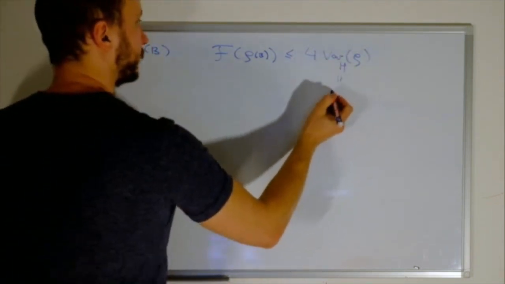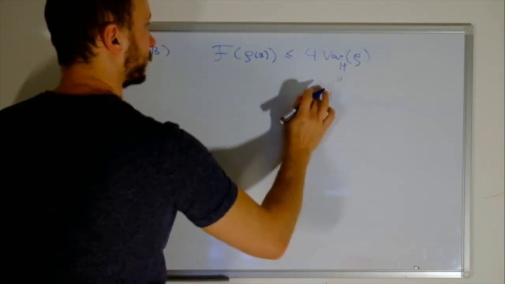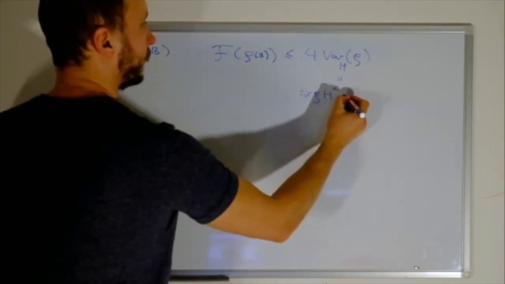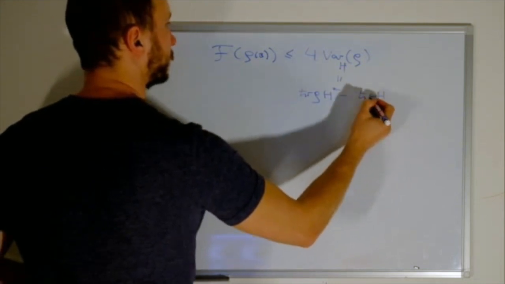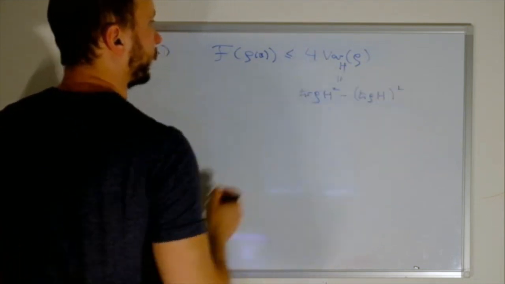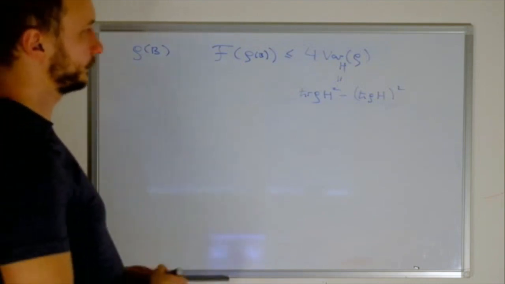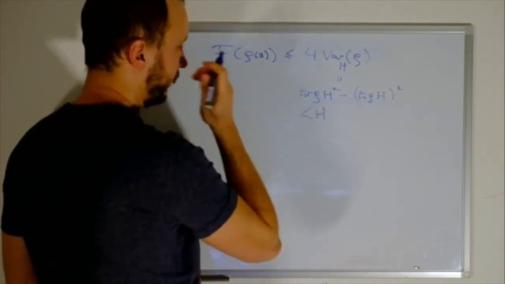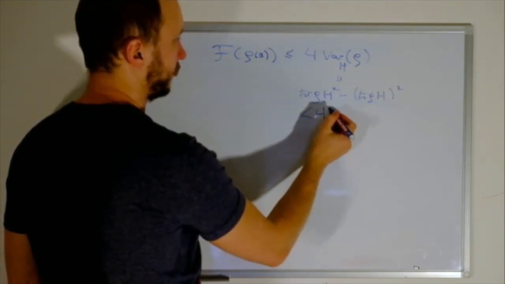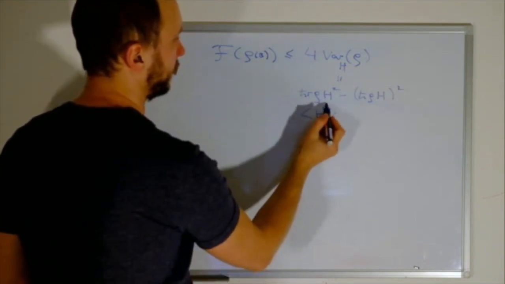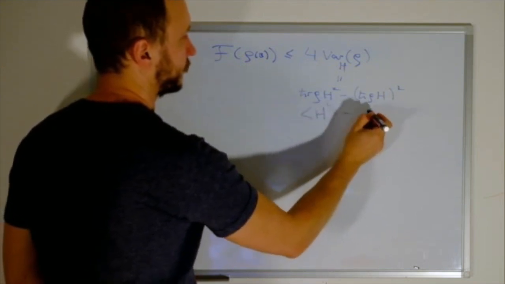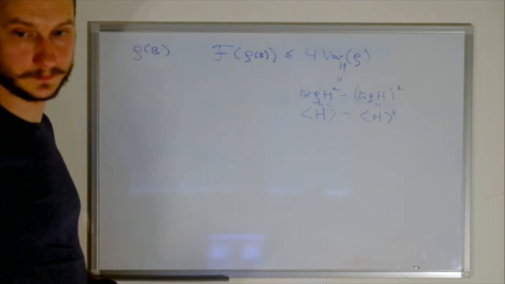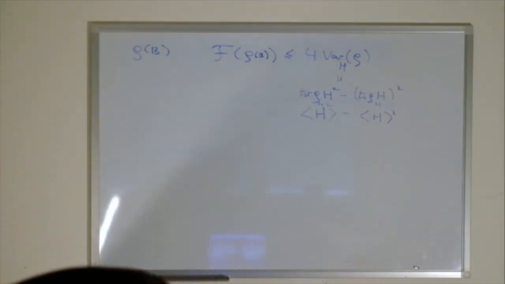So the variance here is just, let me write it: trace of rho H squared minus trace of rho H, squared. So H squared like this minus average H, squared. These are the two terms we have in the variance. So let us show this.